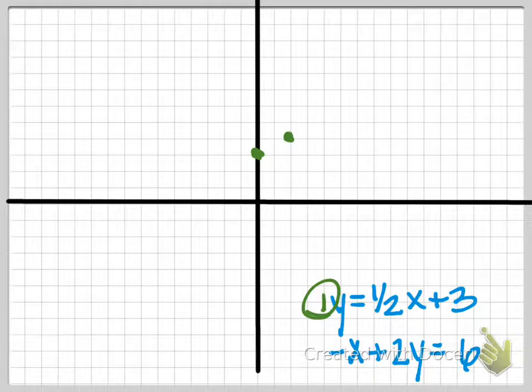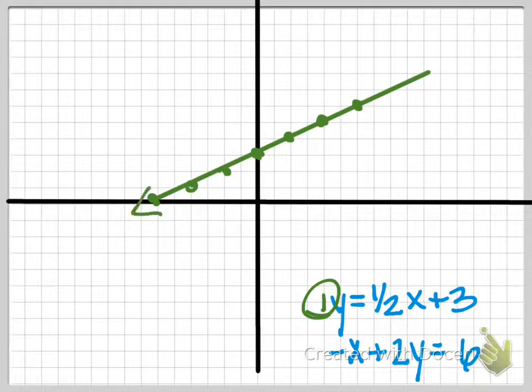Up 1 over 2. And we can go backwards. Down 1 over 2. Okay, and that should give us enough points to be able to see what's going on here. So, graphing our line, drawing it through right here. Alright, and I'll just put some arrows on it.